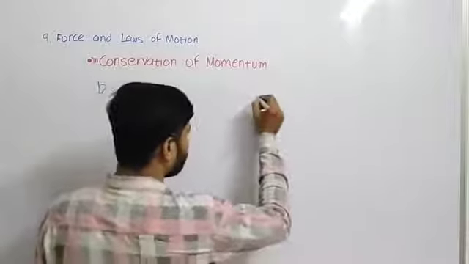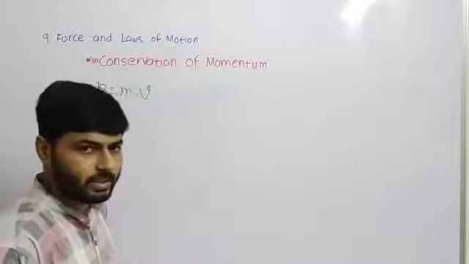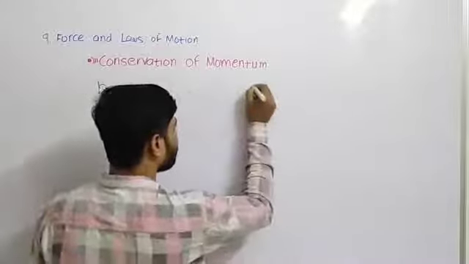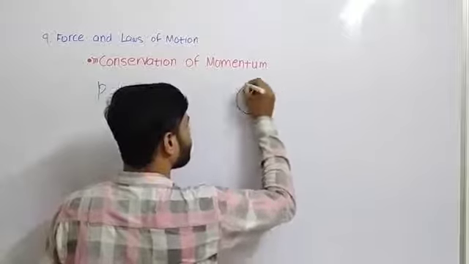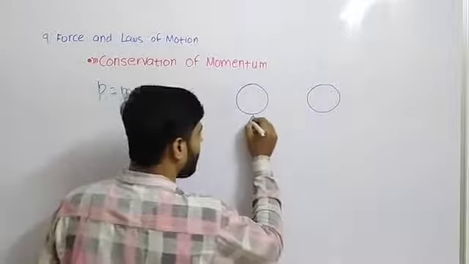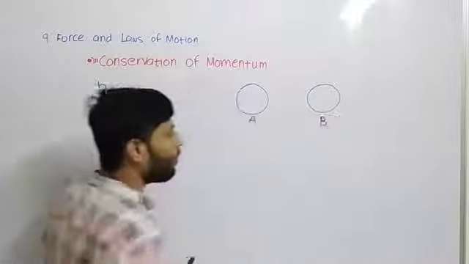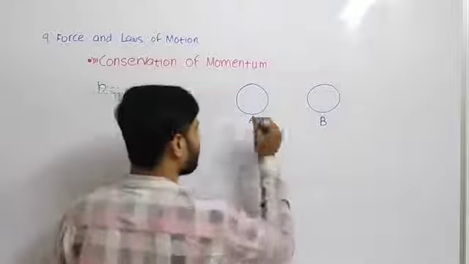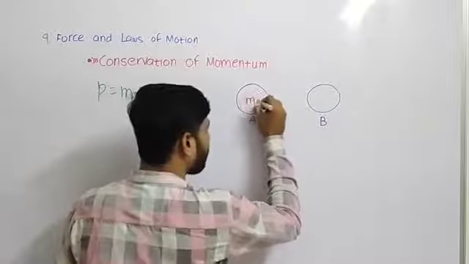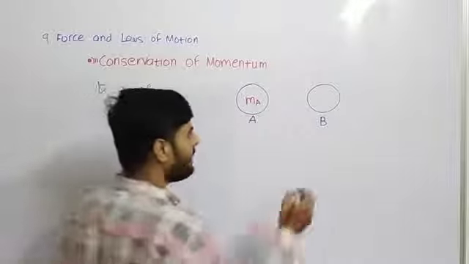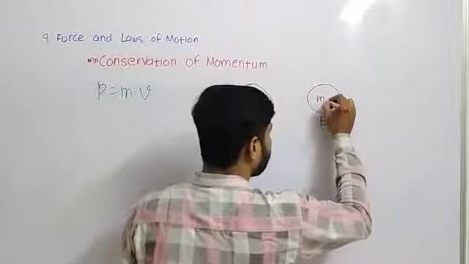We have two balls, that is ball A and ball B. Mass of ball A is MA and mass of ball B is MB.